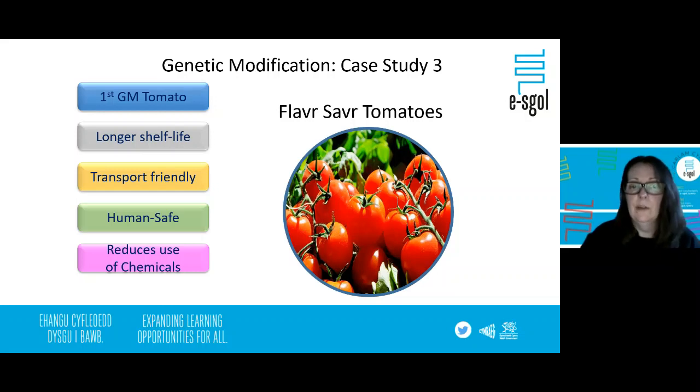Safe for human consumption, again, because it had a longer shelf life, it wasn't sprayed in the supermarket to keep it fresh. But unfortunately, this tomato isn't made anymore because it was very expensive to produce.